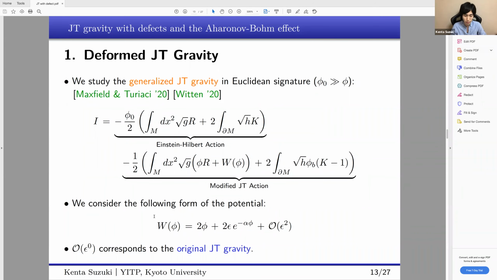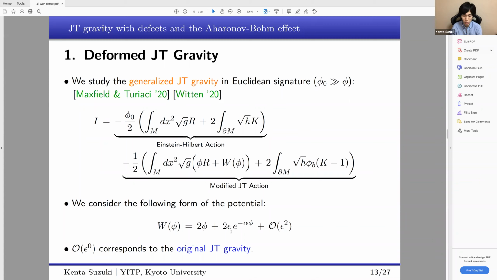In the rest of my talk, we will be interested in the particular form of dilaton potential W, which starts from 2 phi. If we truncate all higher order contributions and focus on just this 2 phi contribution, then this gives the original JT gravity action.